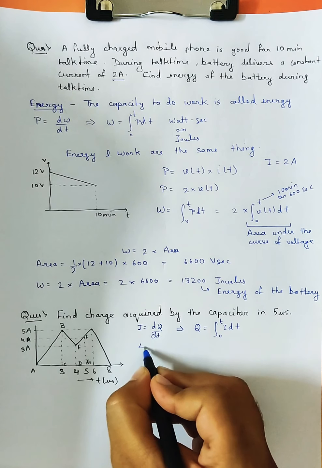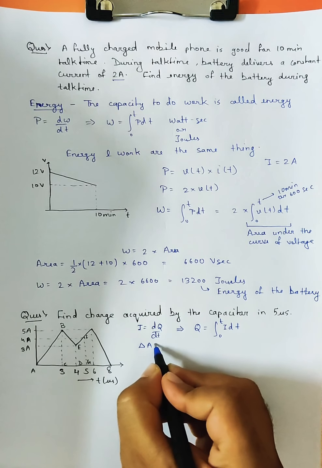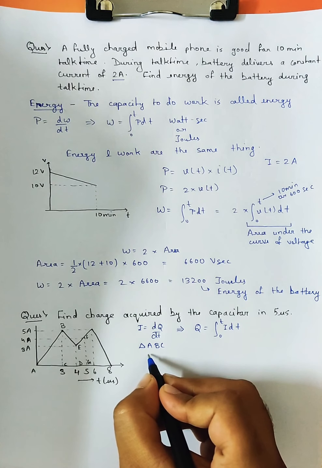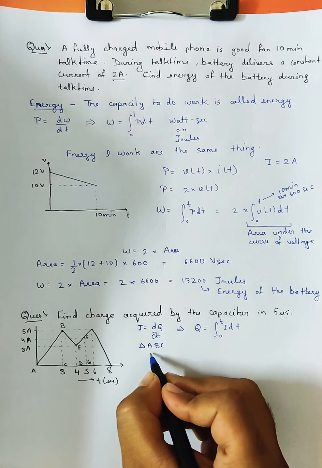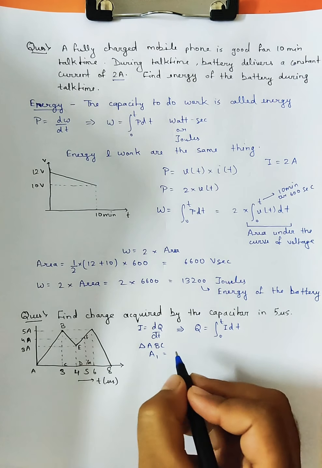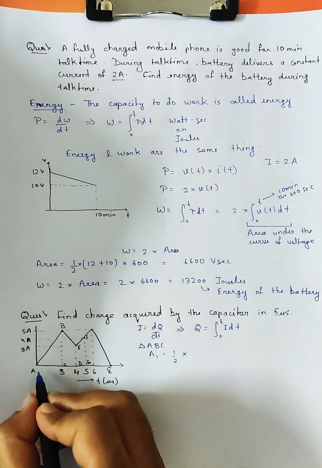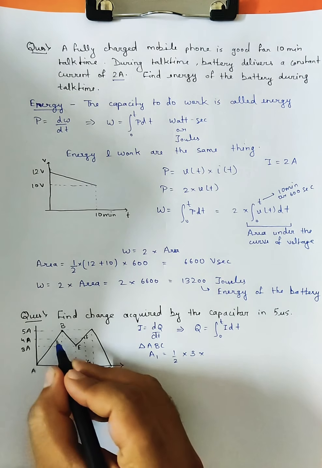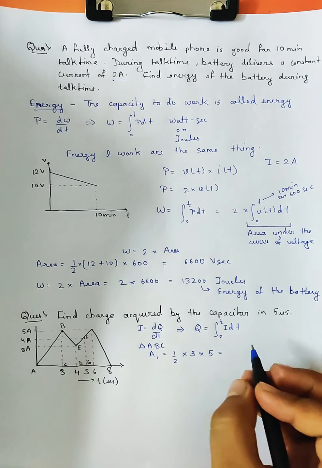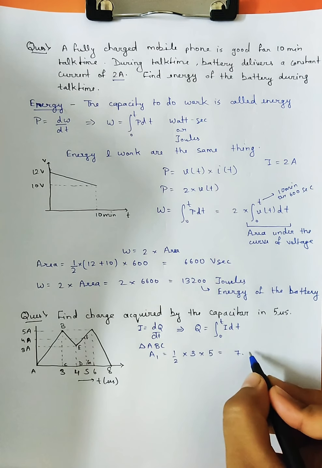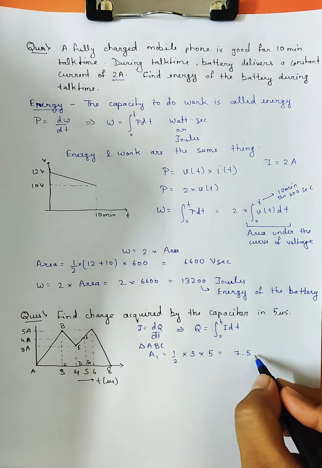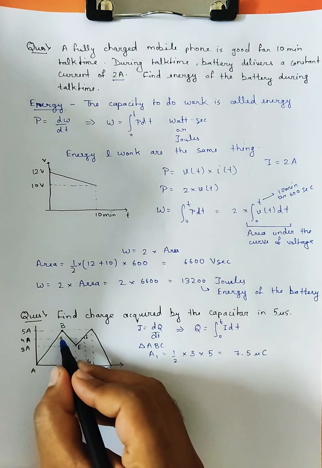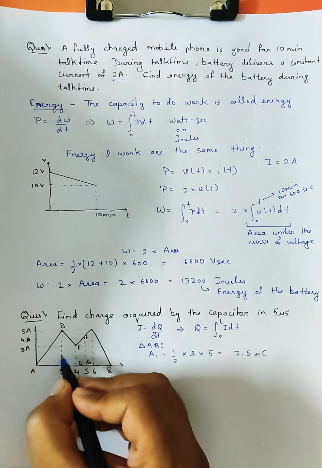First is a triangle ABC. So area of this triangle is, let's say, A1, which is equal to half into base, that is 3, into height, that is 5, which is equal to 7.5 microcoulomb. This area will give us the charge under this plot up to 3 microseconds.